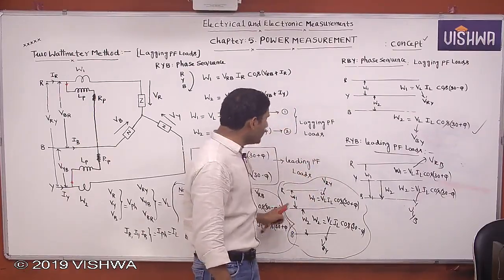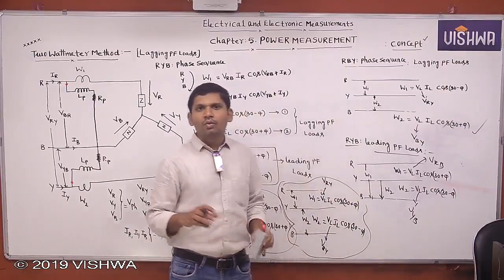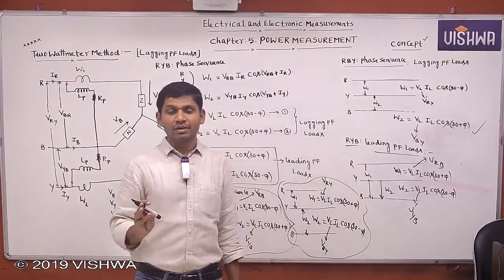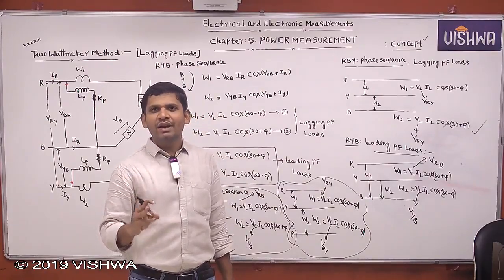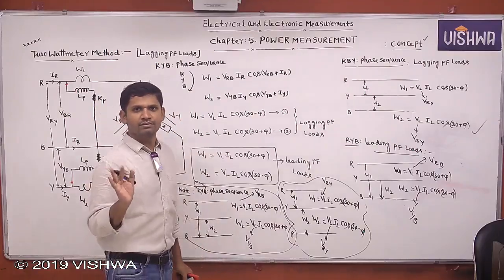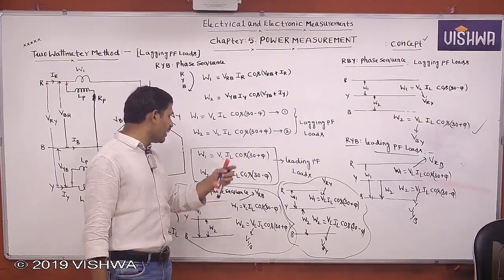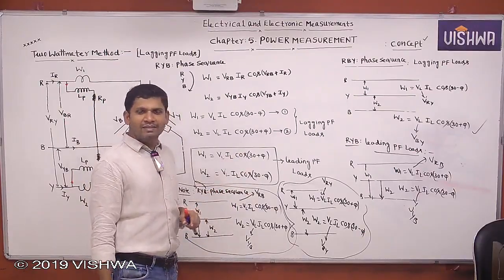Here 30 minus φ, here 30 plus φ. Why? Because of power factor. That's why the wattmeter readings depend on the connection of the wattmeters, on the phase sequence, and also on the load power factor. This is very important. In all cases, don't take it like W1 is 30 minus φ, W2 equals 30 plus φ. Like that you don't take.